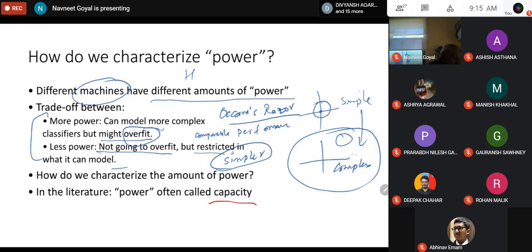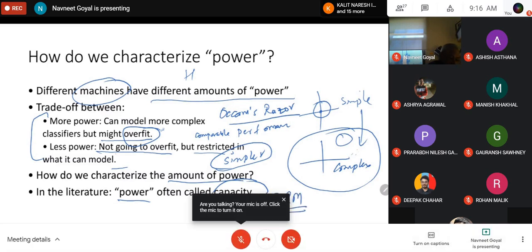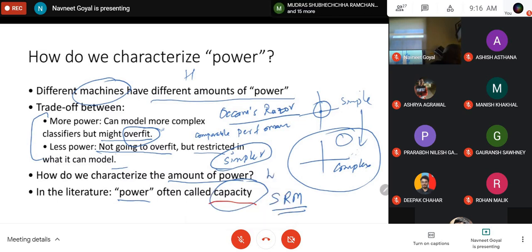So how do we characterize the amount of power? In the literature, power is often called capacity. I have introduced capacity, if you recall, in SRM, that is structural risk minimization. There I talked about the capacity, which was indicated by H in that formula. I'll come back to that formula in a while.